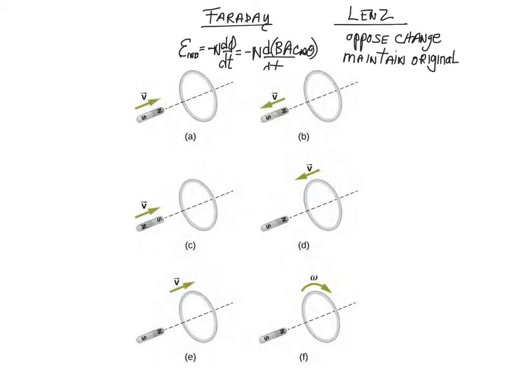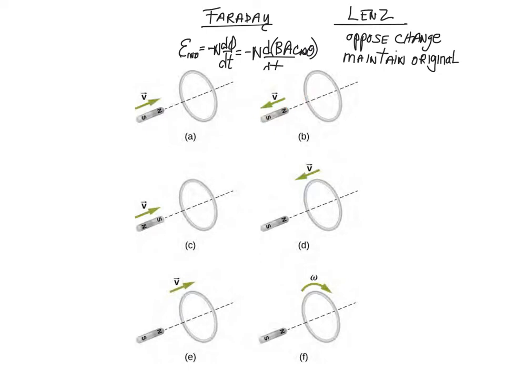That will need to induce a current which is counterclockwise in order to produce a field and a flux in the opposite direction to oppose the increase or maintain the original flux. And also, if the current is counterclockwise in this direction, then the coil becomes a magnet with the North Pole facing this way, and it will oppose the motion of the magnet.